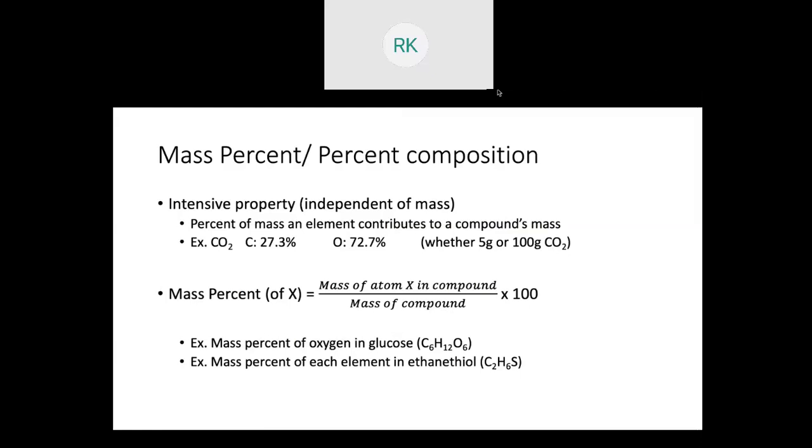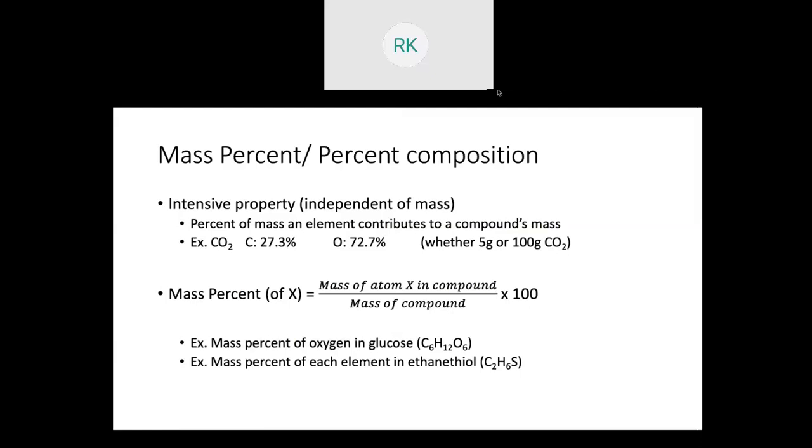Okay, so the first thing I want to point out about mass percent that a lot of students actually overlook is that it is an intensive property, which you might remember from chapter 1. That means it's independent of mass, okay? Mass percent as a whole is just the percent of mass an element contributes to a compound's overall mass.